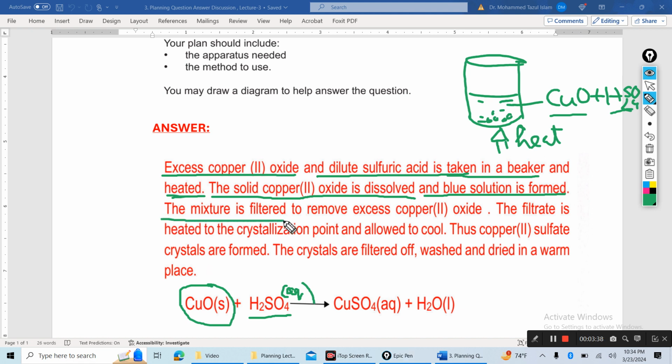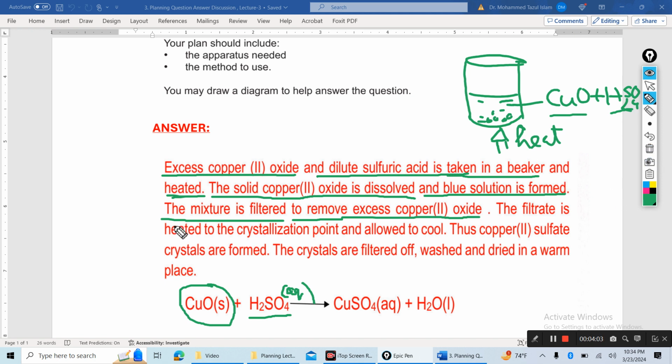The mixture is filtered to remove excess copper(II) oxide. As you have taken excess copper(II) oxide, not all of it will dissolve. Some extra copper(II) oxide will remain undissolved, so you need to remove that extra copper(II) oxide.